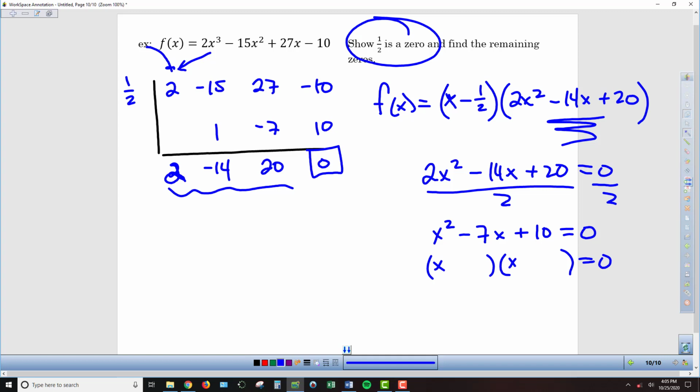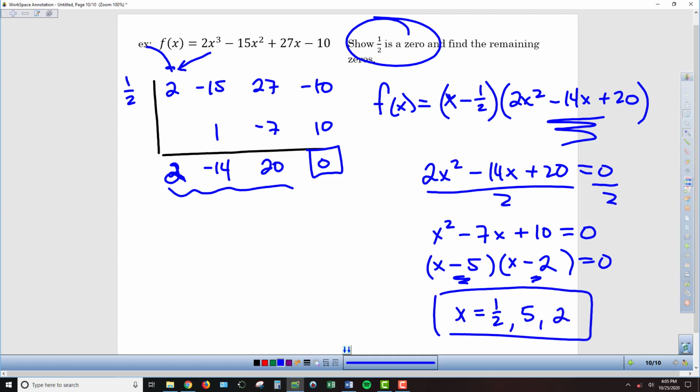I need to multiply to make a positive, but add to make a negative. So I need 2 negatives. And so then my factor pair that multiplies to make 10 but adds to make 7 is going to be 5 and 2. So to go along with the 1/2 that was given to us, we've got zeros of 5 and 2. So there are the 3 zeros of this function.